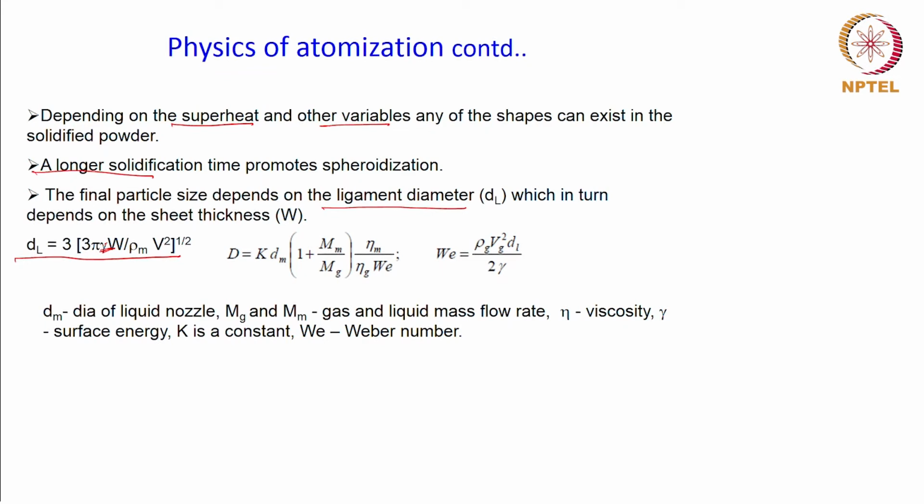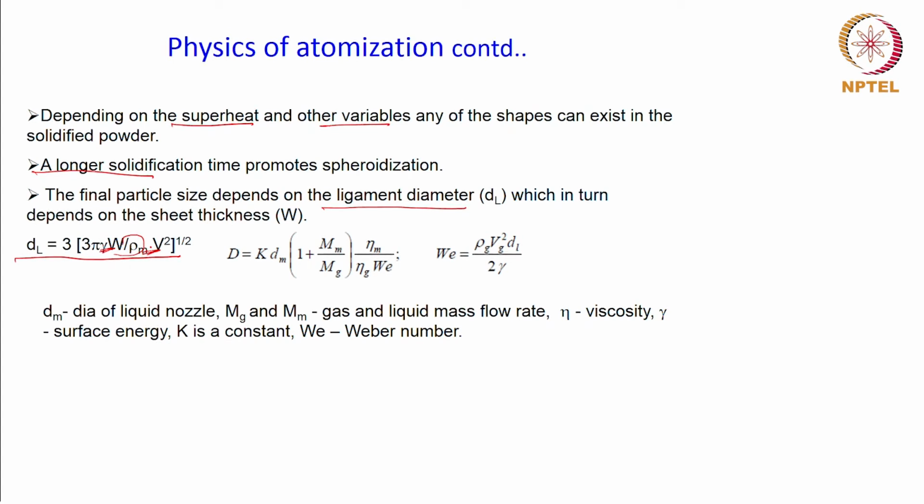And it also depends on the density of the metal rho m and the velocity of the gas, right, because that is the velocity of the gas jet that was actually responsible for creating this thin sheet of liquid metal, right. So, therefore, the gas velocity also is an important process parameter in this case.